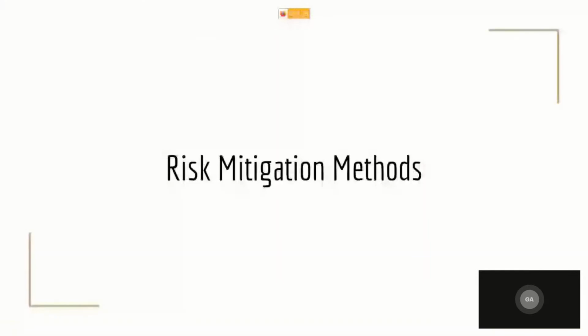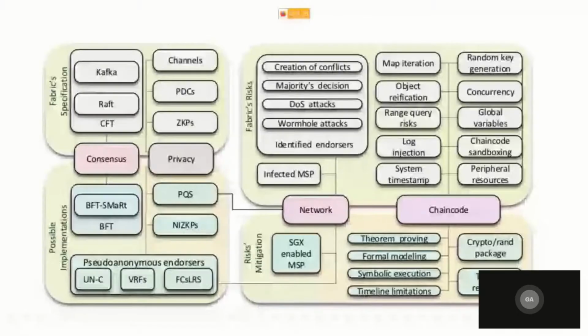So when you look at the mitigations of these attack vectors, importantly, monitoring the orderer and membership service provider. These are very, very important. And another important thing is that once Byzantine fault tolerant algorithms are available, Hyperledger Fabric would be more secure against BFT, Byzantine fault kinds of attacks.